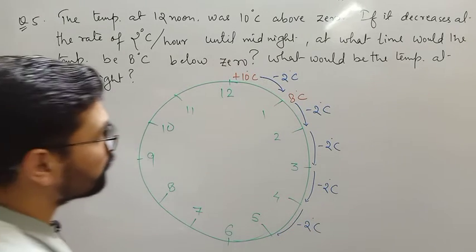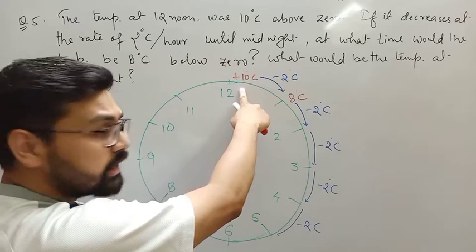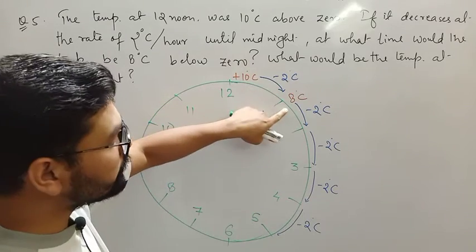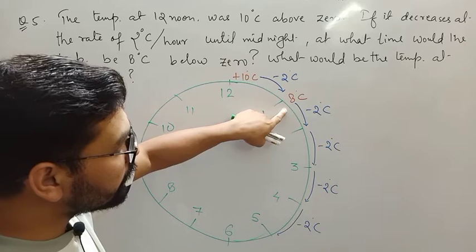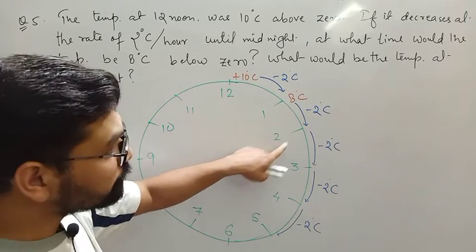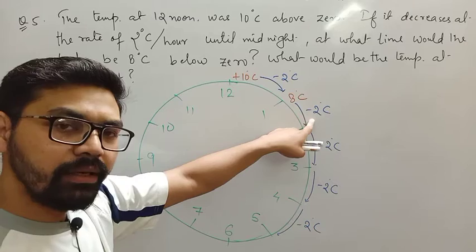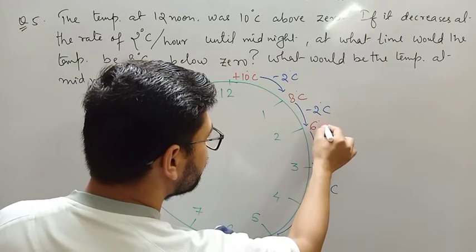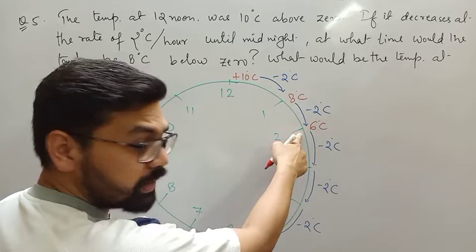First the temperature is 10 degree Celsius. After a decrement of 2 degree Celsius, after 1 hour the temperature becomes 8 degree Celsius. Again after 1 hour, from 1 pm to 2 pm, the temperature is decreased by 2 degree Celsius. The final temperature becomes 6 degree Celsius at 2 pm.